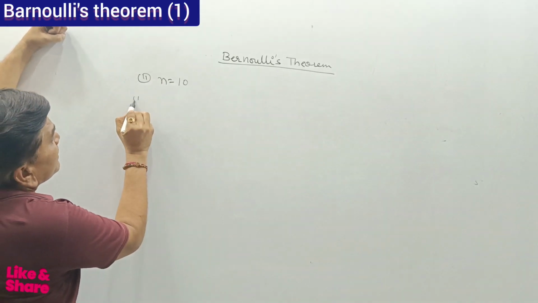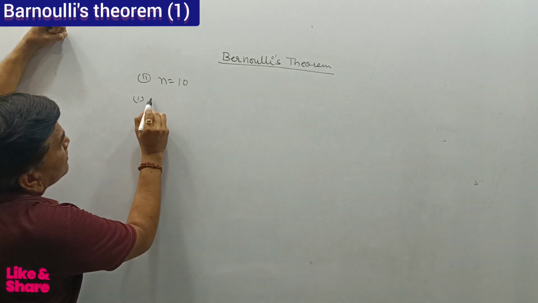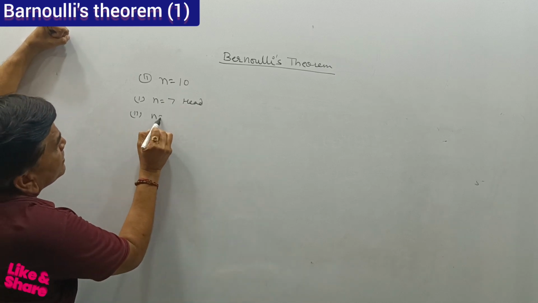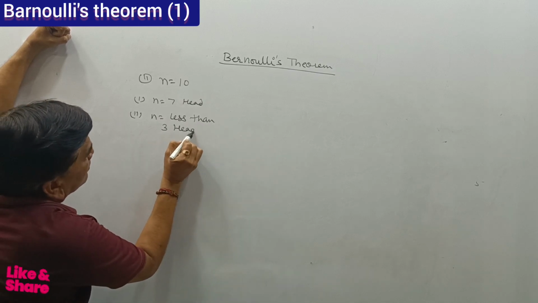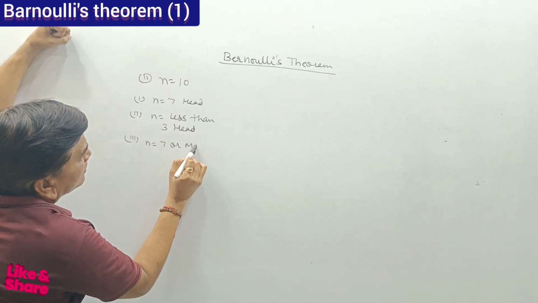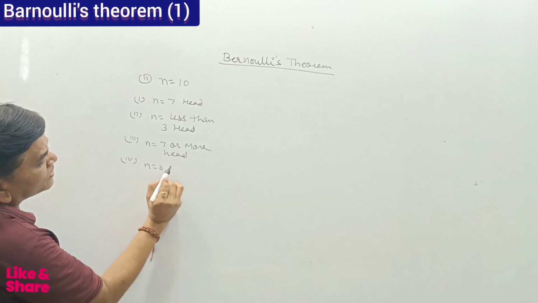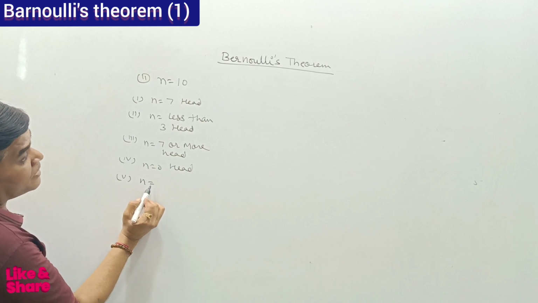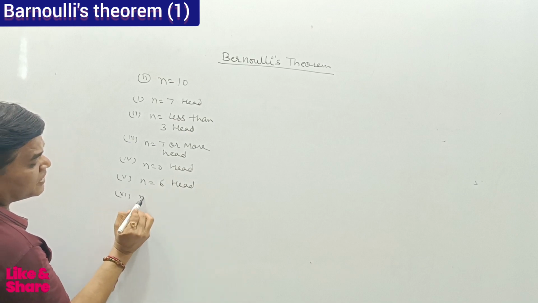Find the probability of getting, first, n equal to 7 heads. Second, less than 3 heads. Third, 7 or more heads. Fourth, 0 heads. Fifth, 6 heads. And sixth, all 10 heads.